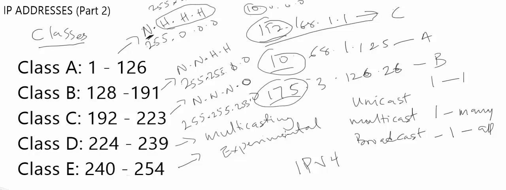Now, what has been keeping us still using IPv4 is what I'm going to talk about next: the types of IP addresses, where we have private and public IP addresses. So that is the next thing we're going to be talking about.